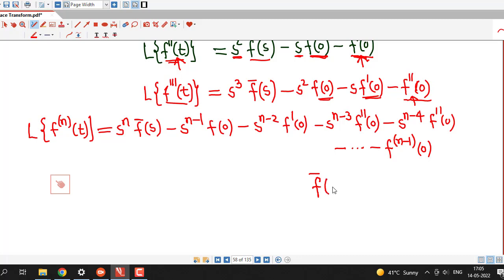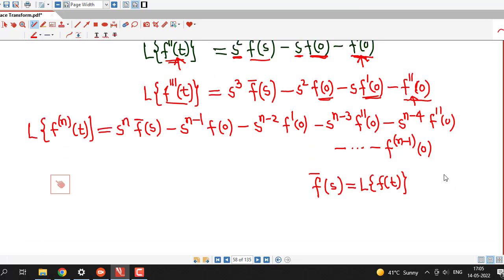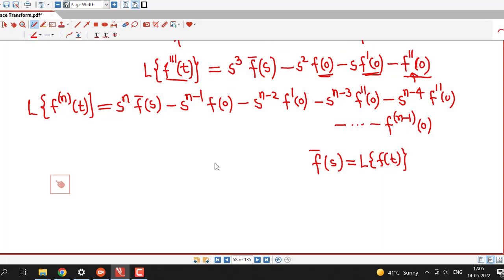And here f bar s is the notation for the Laplace transform of f of t. So in this way we can find the Laplace transform of the nth order derivative of a function. So we will remember this formula, and this formula will be used in solving differential equations with initial conditions, or in solving initial value problems using Laplace transform.